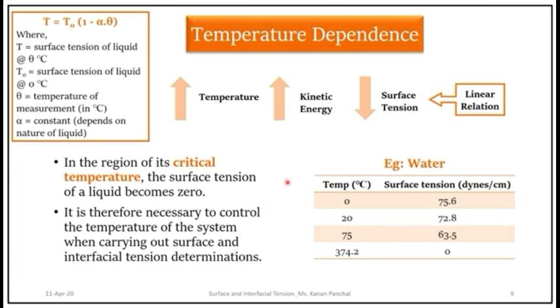The next, importance of zeta potential. Zeta potential has application in the stability of systems containing dispersed particles, since this potential rather than Nernst potential determines the degree of repulsion between adjacent similarly charged dispersed particles.